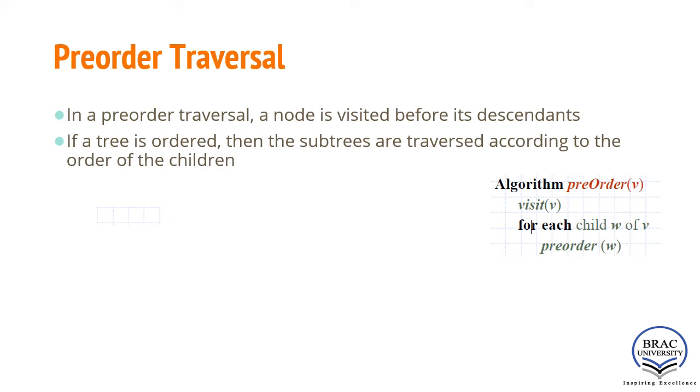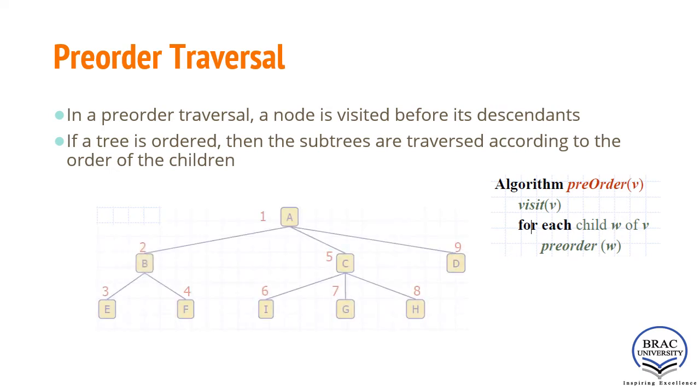Here V means the root of the tree. So at first you need to visit V. Be careful about the algorithm. So the first line will be visit V. That means visit actually means System.out.println of V or v.element or something. So at first you need to print or visit the node.